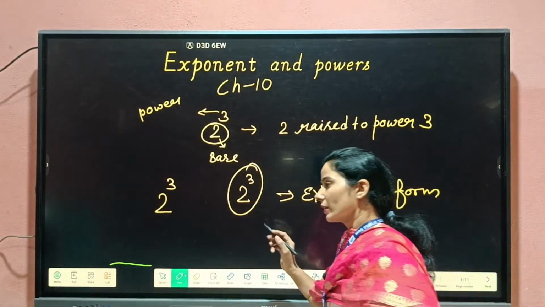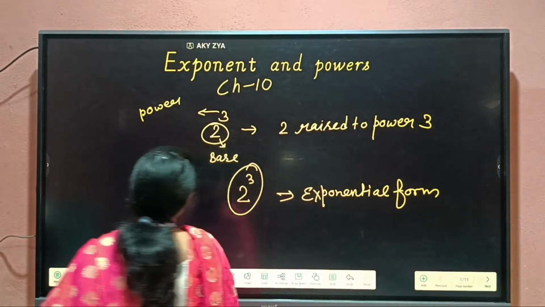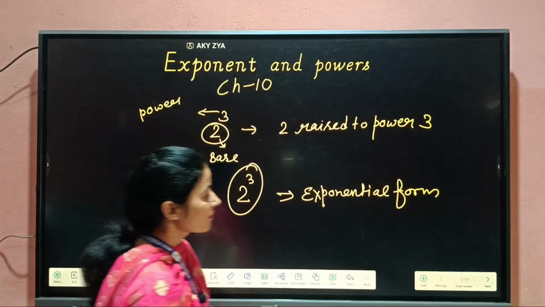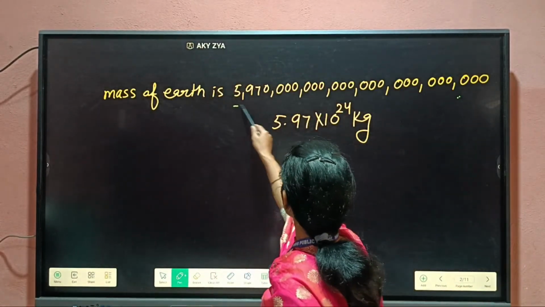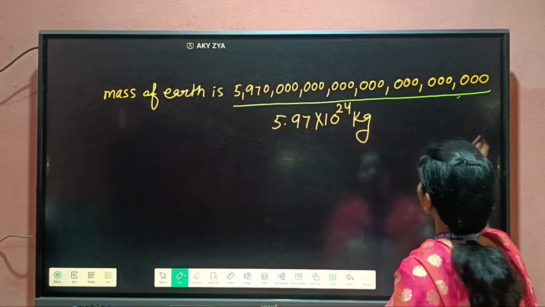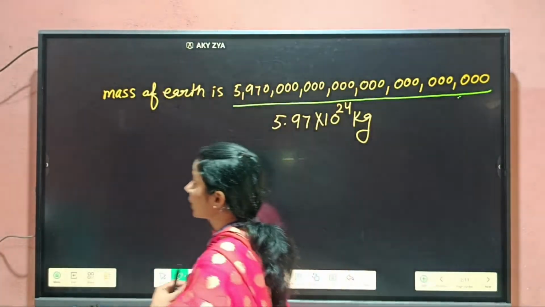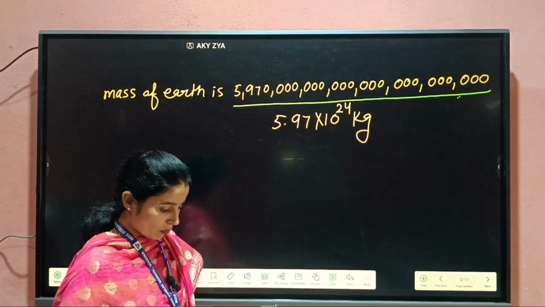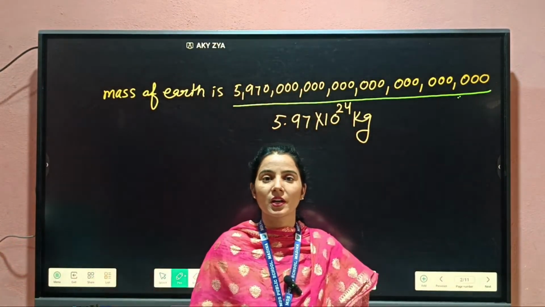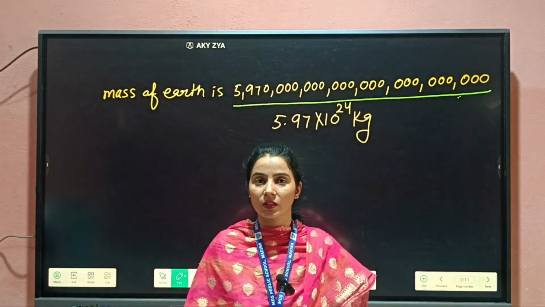Why do we need this exponential form? You know what is the mass of Earth? Mass of Earth is this one. It is difficult to read. Exponential form can represent large distances and large calculations in simplest form.